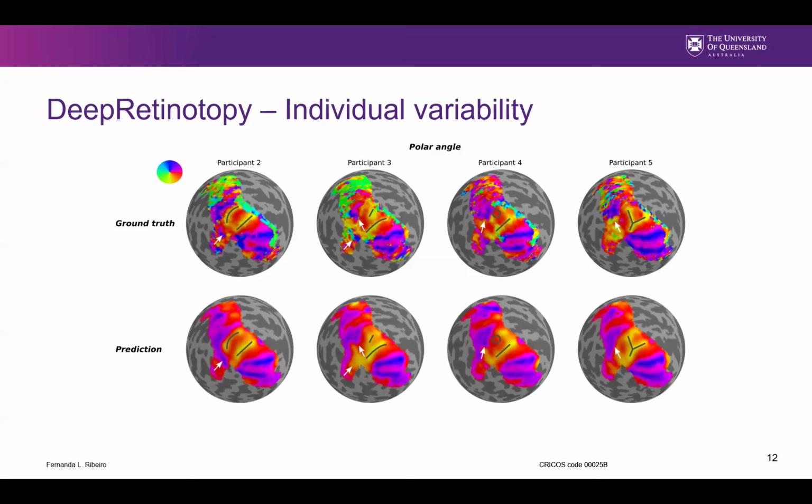Yes? I'm sorry, I didn't get it. How do you implement it? So this is empirical retinotopic mapping data. It's just like what Noah did in the previous session. You run pRF analysis to get these retinotopic maps. So is this the annotations or the actual map that you're creating?